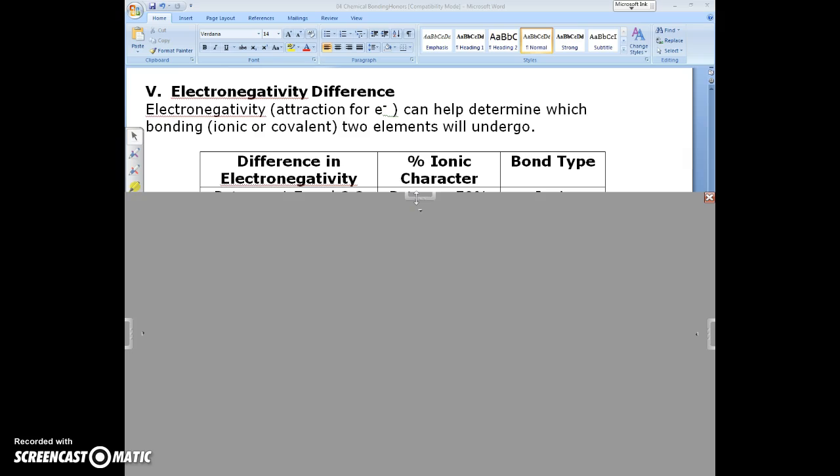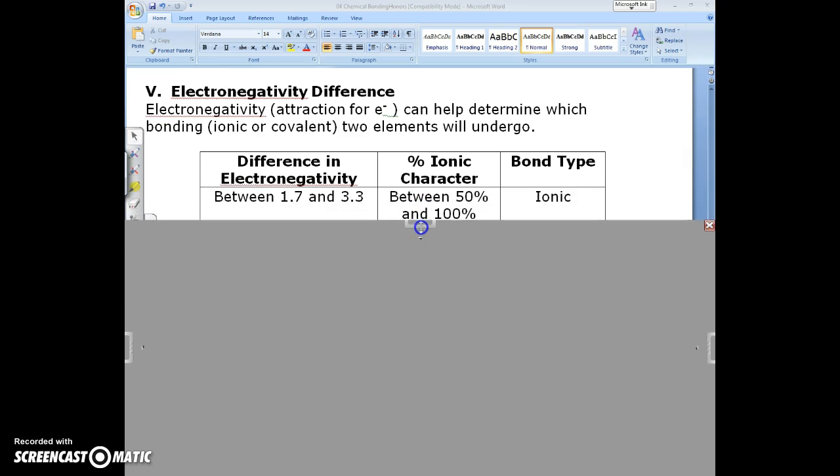So using those values for electronegativity, if we find the difference, so we're talking about subtraction here, and subtract the two values and find a difference between 1.7 and 3.3, so we have a pretty big difference. One atom is very much more electronegative than the other element.